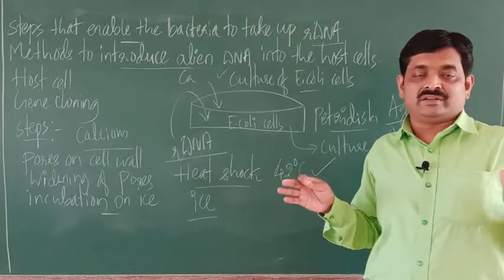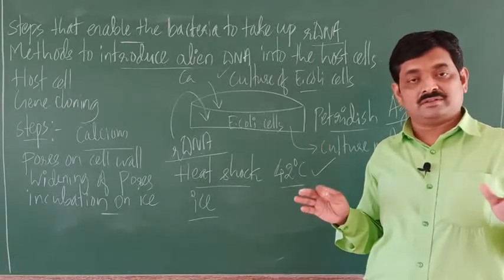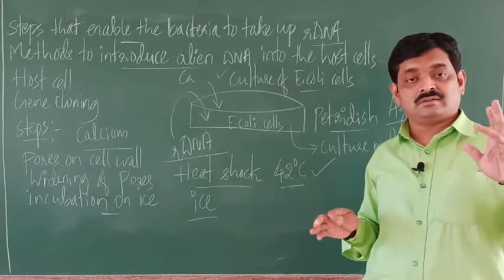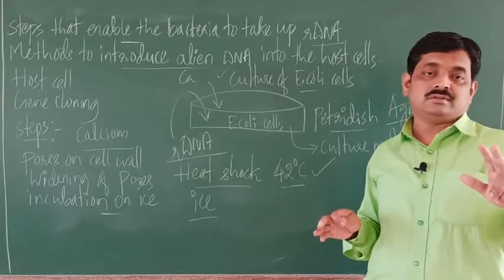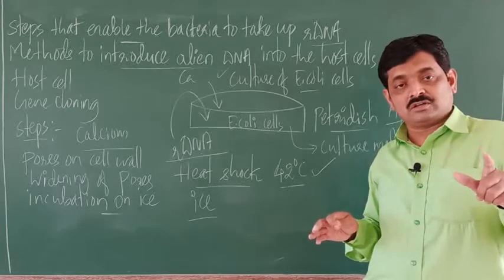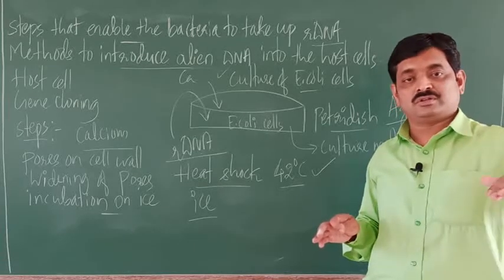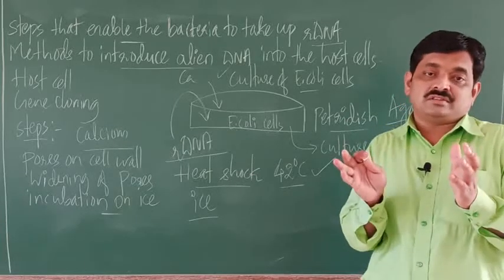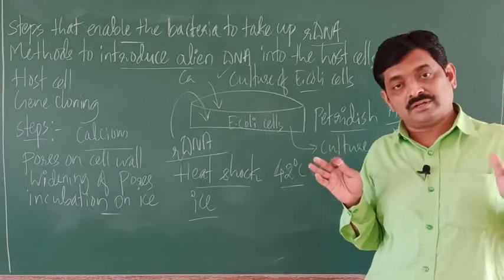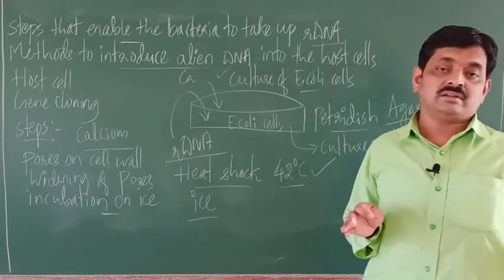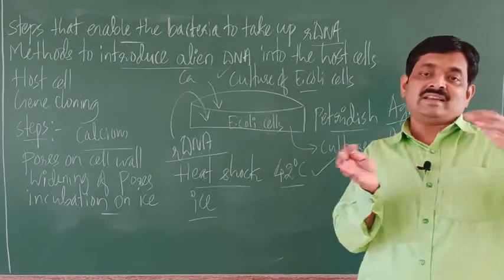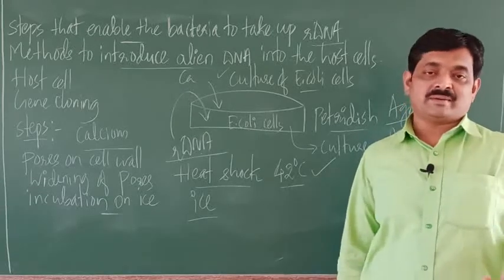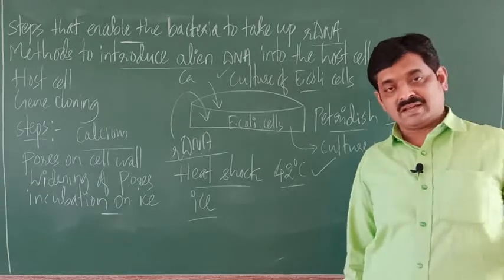All this treatment, initially addition of calcium, then reducing temperature by incubating on ice, heat shock, again reducing the temperature by incubating on ice, causes the entry of recombinant DNA into the bacterial cells. So this is how recombinant DNA enters into bacterial cells, right? And later on what happens? Bacterial cells multiply.